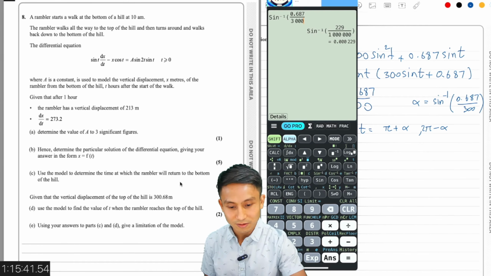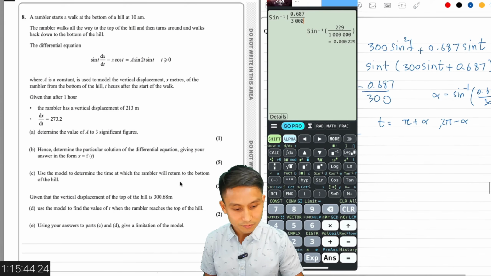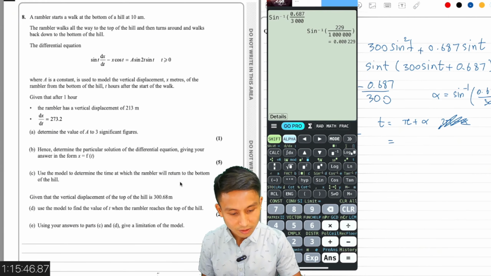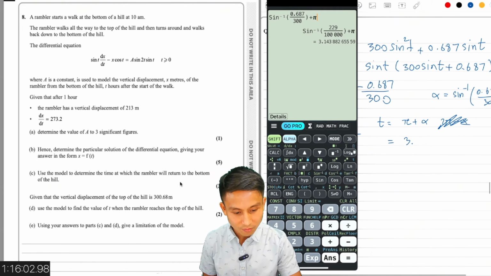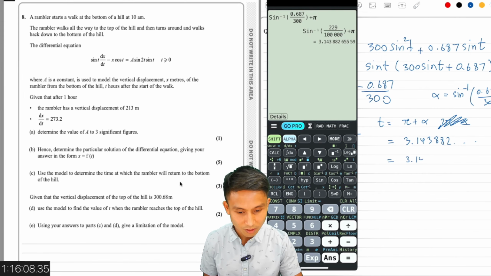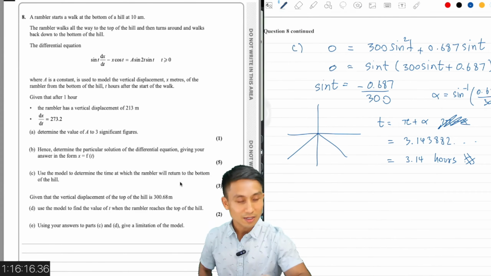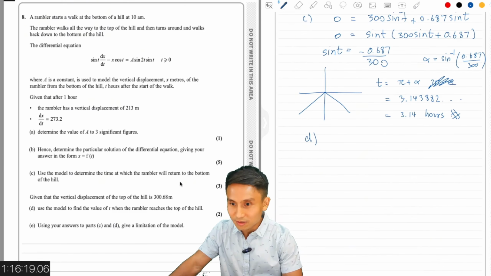So it's just the first answer. It's just pi plus alpha there. So we just add this with, wait, this is 300. Okay, I almost flopped there. Okay, so we just add this with a pi. Yeah, so we get 3.143882 and so on. So that's just 3.14, how many sig figs? Yeah, just 3, I guess, hours. Just gonna go with that. I guess I don't have time to double check here. I'm just gonna go with the method marks.